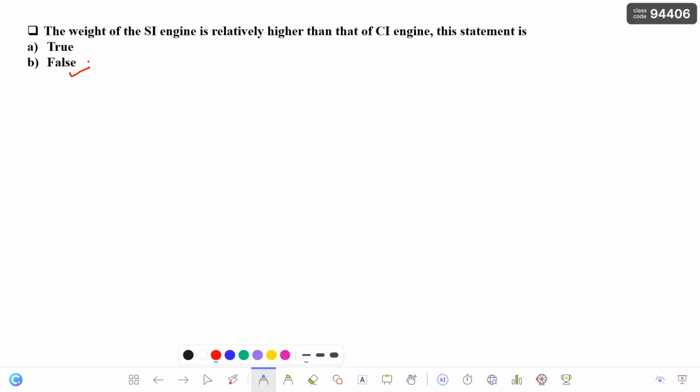Basically, this question is incomplete, because it has not written in what condition. If you see, it is just a general statement: the weight of the SI engine is relatively higher than that of a CI engine. In what scenario? That should be of the same power.